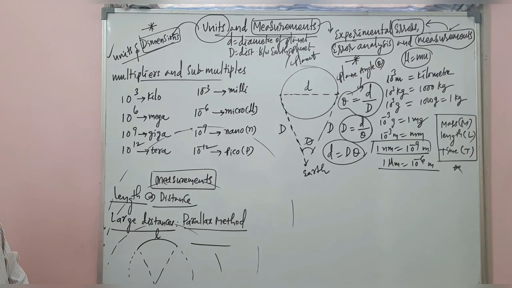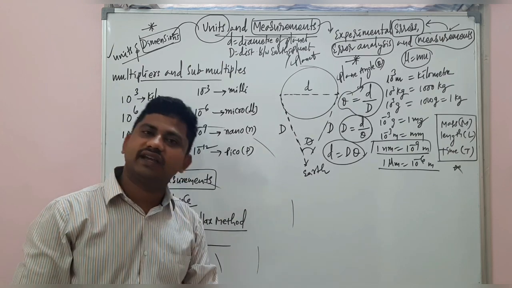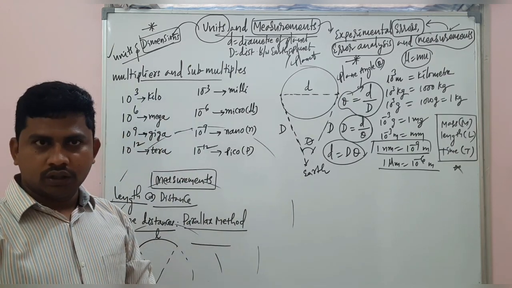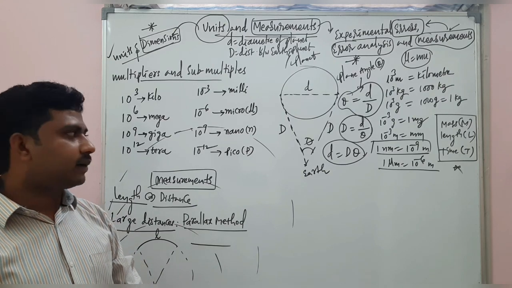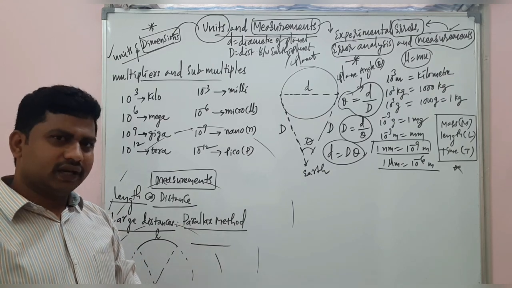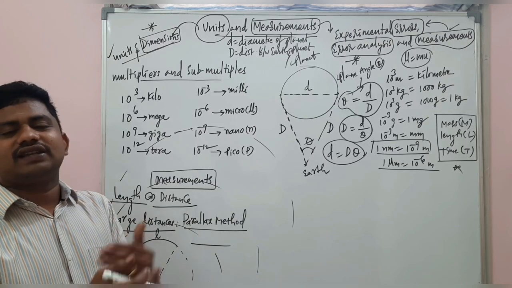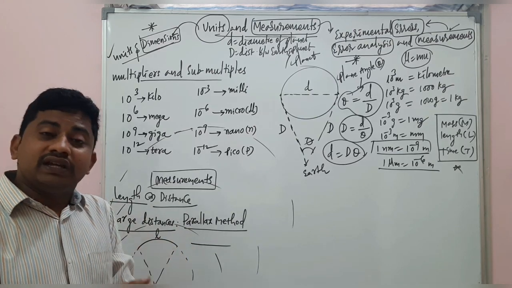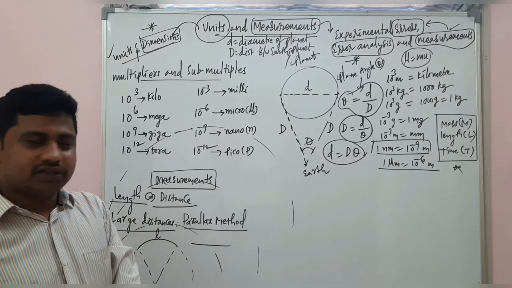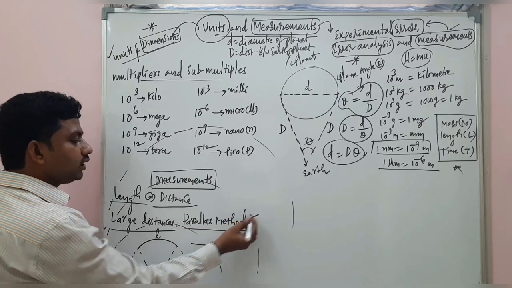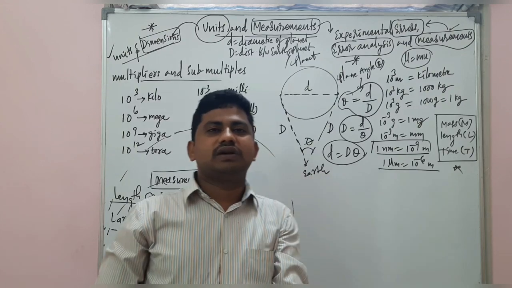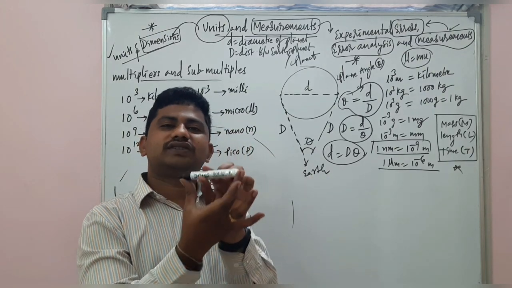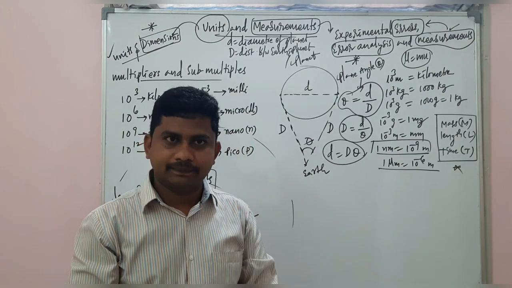The probability of asking a question from the parallax method in your NEET, JEE and CET exam is 0. In none of these years has a question been asked from the parallax method. No question, right? Just try to understand. Large distances, especially astronomical distances, are measured by using the parallax method. Smaller distances, for example the length of this pen, can be measured with a small scale which is called a meter scale.